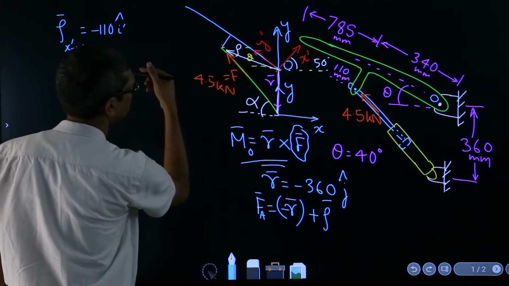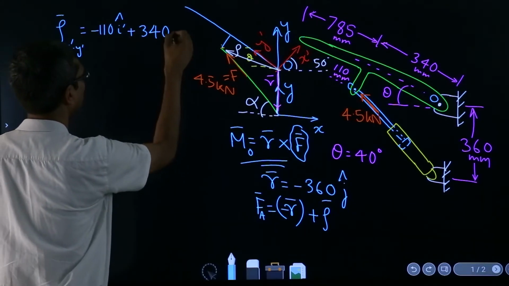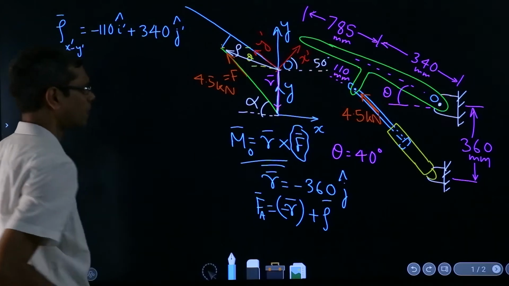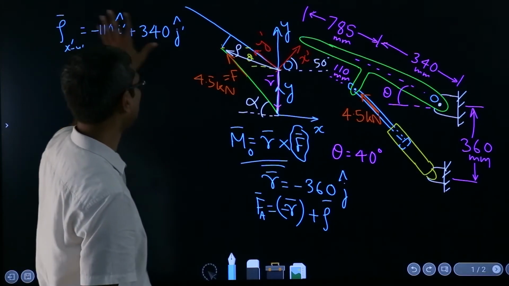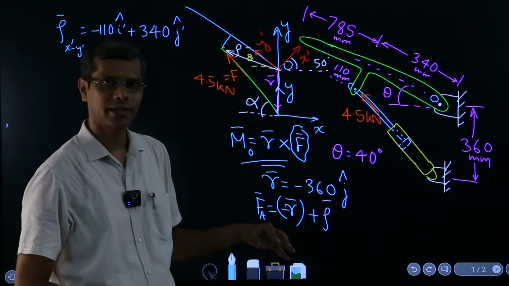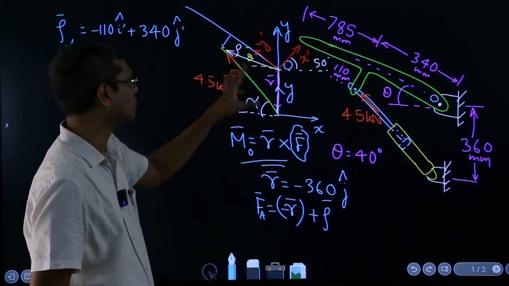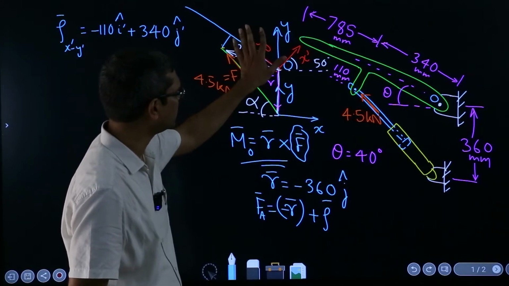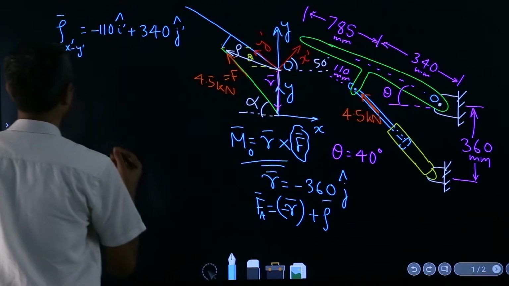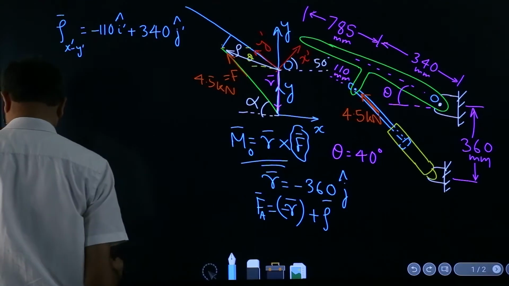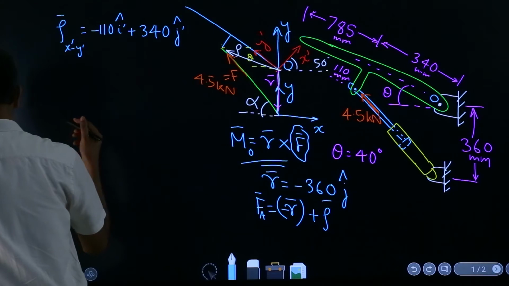Then j is this 340, plus 340 j prime, right? Now this is very easy to calculate in this coordinate system, and then we can use the fact of how to shift coordinates from one coordinate system to the other when they are rotated with respect to each other. So you can use this.